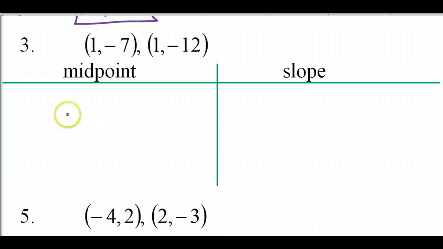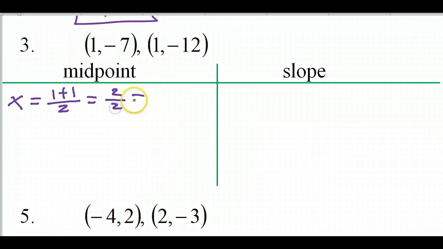Problem number 3. For the x value, I will do the average of the x's. Do I even need to do this? The average of 1 and 1 is going to be 1. You know it's going to be 1, but if you just had to do it, you would do 1 plus 1 divided by 2, so that would be 2 divided by 2. That is in fact 1.